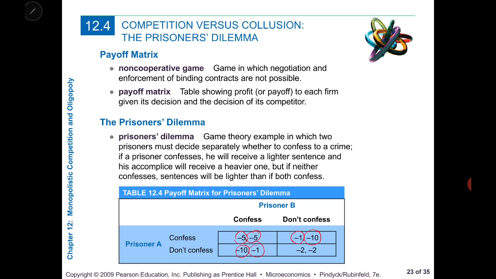Similarly, if you reverse the situation. But if both of them decide not to confess, they don't know what each other is doing because the decision is simultaneous. But if both of them apparently decide not to confess, then both of them will escape with a smaller jail term, with a shorter jail term.